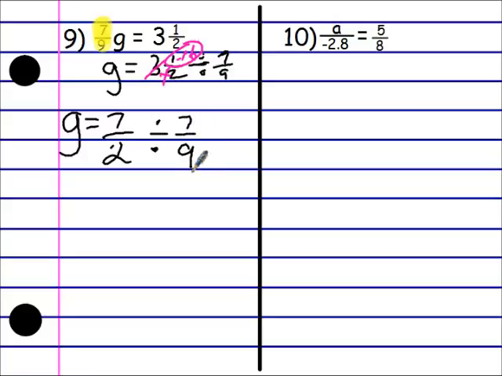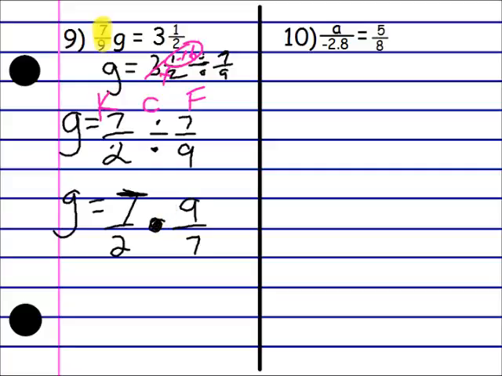Now we're ready to keep, flip, change. Keep the first fraction, flip the second fraction, change that division to multiplication. And let's rewrite the problem. G equals keep 7/2, flip 9/7, change to multiplication.